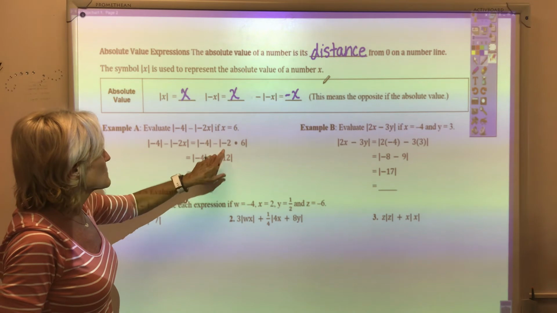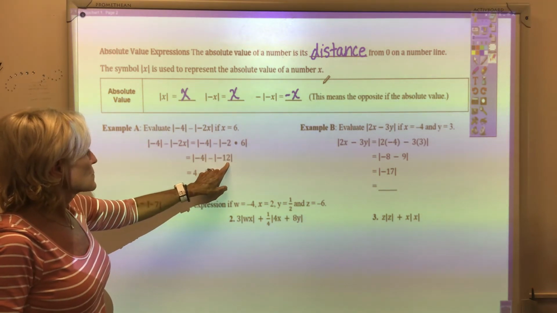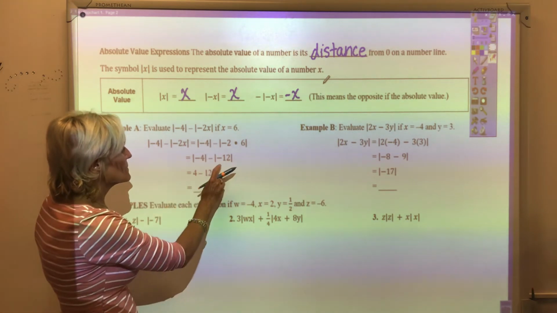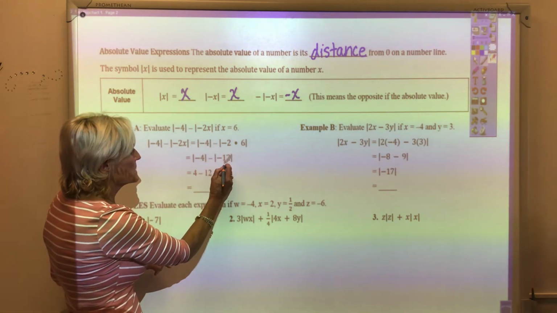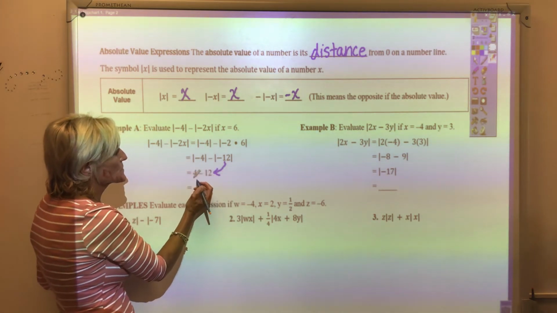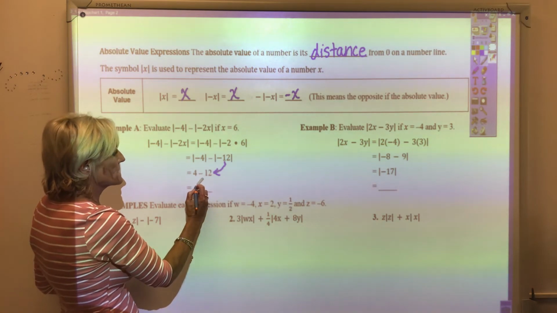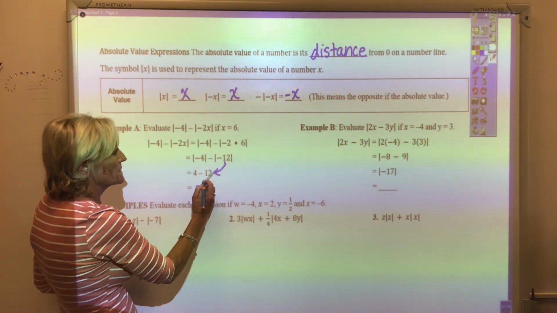When we multiply negative 2 and 6, that gives us negative 12. The absolute value of negative 12 is 12. The absolute value of negative 4 is 4. 4 minus 12 is negative 8.